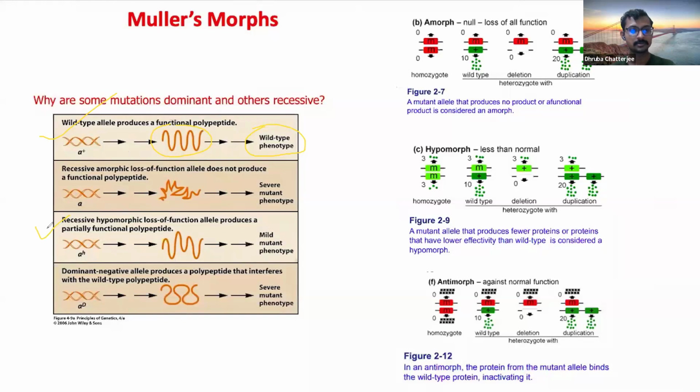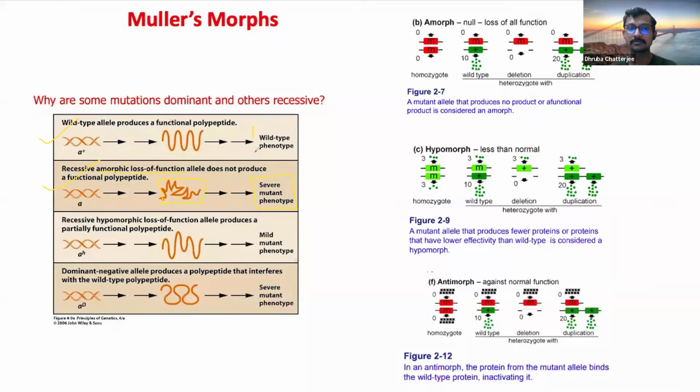Consider this scenario: there is one particular mutation which is a severe loss of function, or amorphic, mutation, because of which the protein that is generated is completely non-functional. If it is completely non-functional, then one particular biochemical reaction cannot be catalyzed at all, and therefore there is a complete loss of phenotype, or in other words, a severe mutant phenotype.